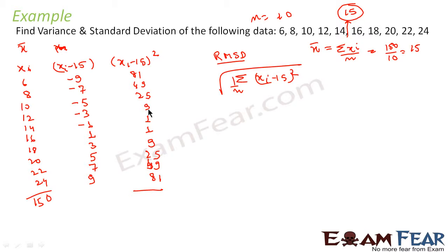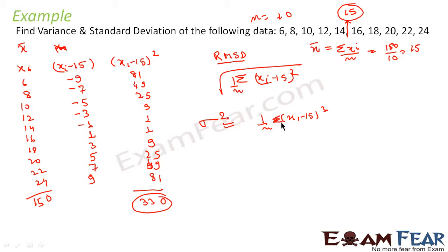So we have to add these values. 81 plus 49 plus 25 plus 9 plus 1 plus 1 plus 9 plus 25 plus 49 plus 81 gives 330. So we put in the formula. Variance is sigma square, that is 1 by n into the summation of xi minus 15 square.